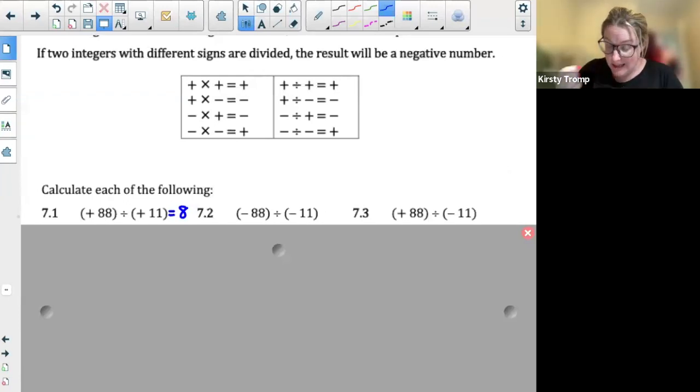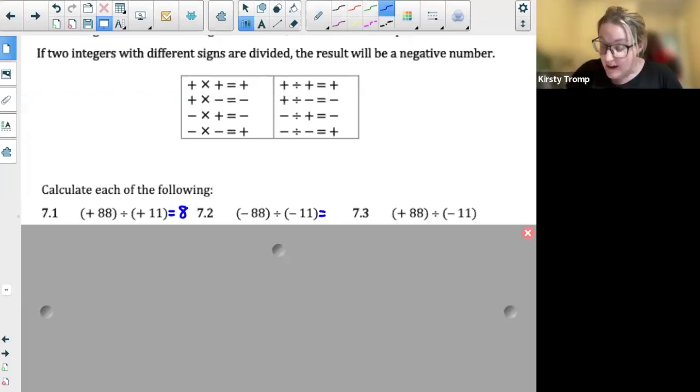All right, next one. Signs, then numbers. A negative divided by a negative, exactly the same as when we multiply. So a negative divided by a negative gives me a positive because the signs are the same.